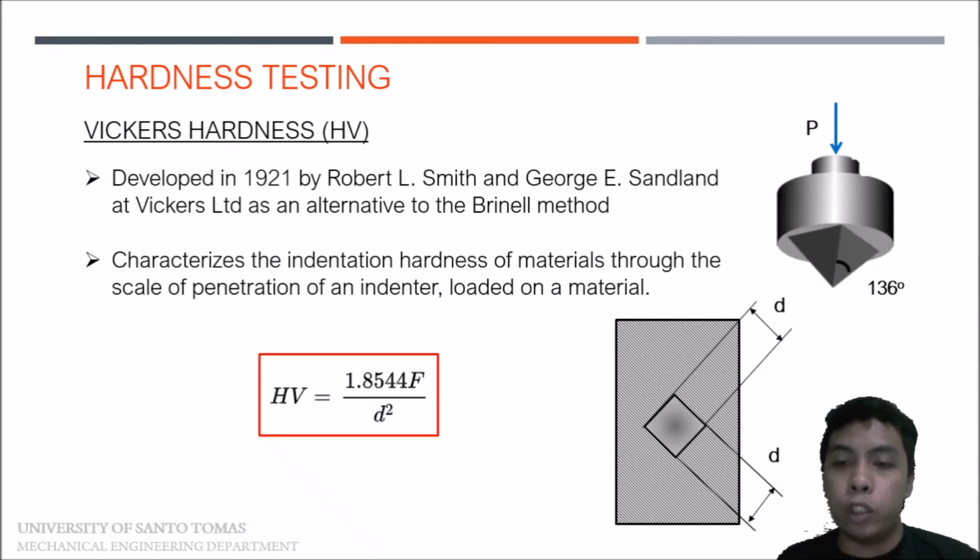Kasi ang mini-measure lang naman talaga natin dito para mahanap natin yung Vickers hardness number will be the length of our indentation, which is small letter d. F will be the force exerted on the indenter natin.